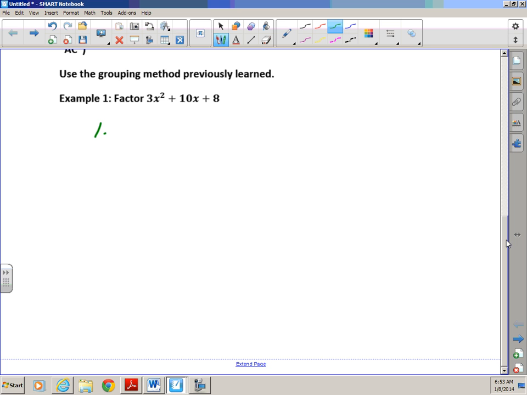Step 1 is we want to multiply the a and the c. Well, a is 3, c is 8, so 3 times 8 is 24.